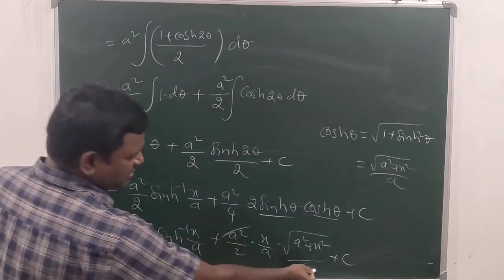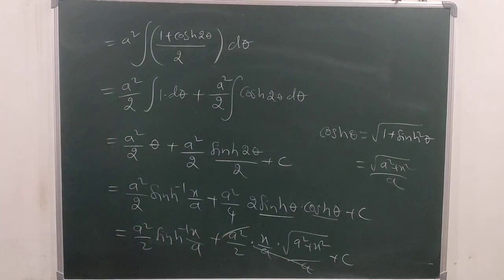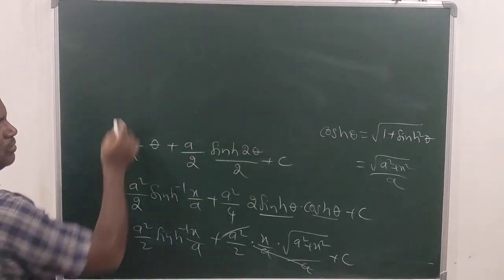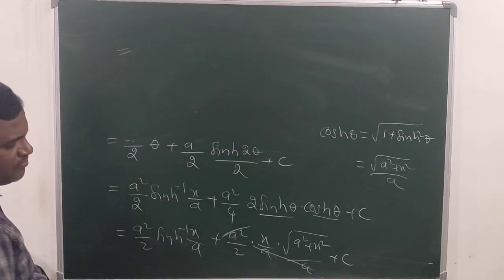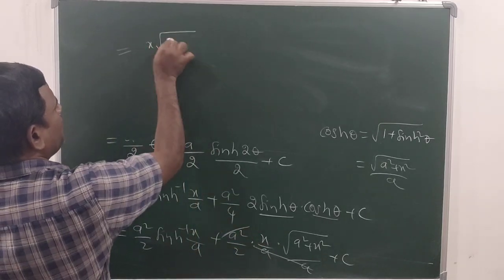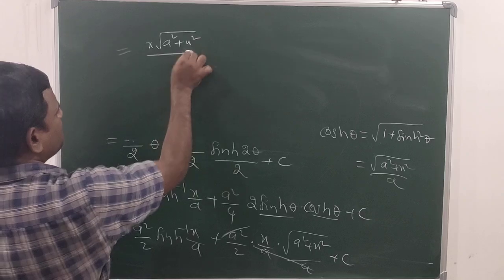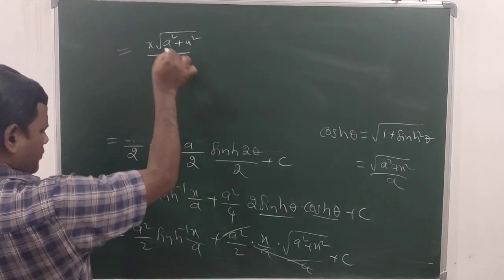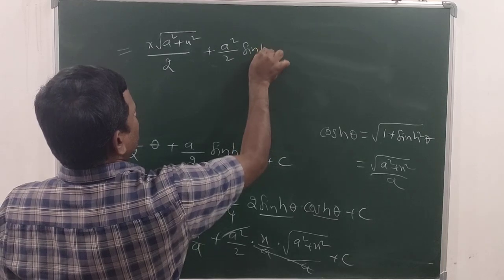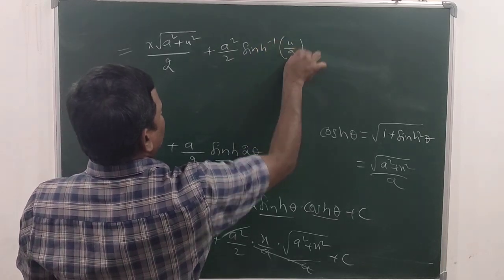Okay, this a square cancels. So at last, what are you getting? Students, see here, a square cancels, x will be left: x into root of a square plus x square by 2, plus a square by 2 sinh inverse of x by a, plus c.